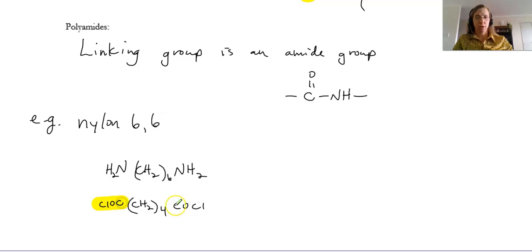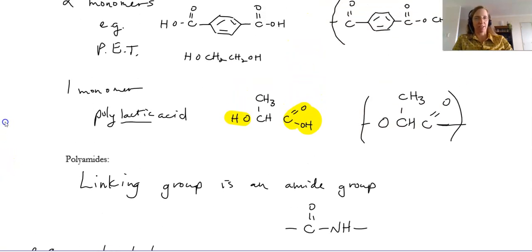So here I've written an acid chloride as the functional group on this other monomer, the acid monomer. It could be acid or acid chloride. They can do it under special conditions and get it to react as an acid as well, so when you're writing it, you could write it either way. Same thing here.